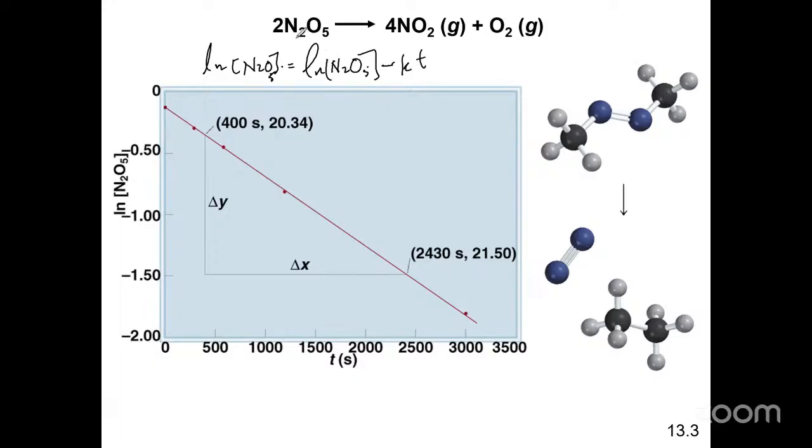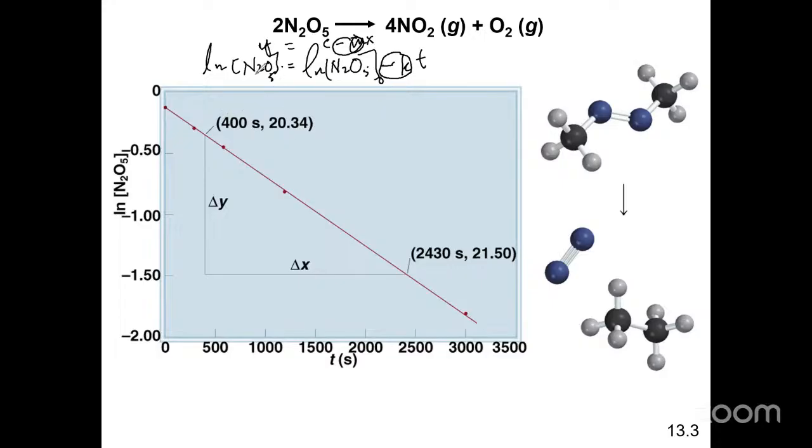So the equation of a straight line, which you guys should be familiar with from your previous math courses, you should recognize that this is in the form of y equals c minus mx, right? So minus m would be the slope, which would be corresponding to minus k. And oh, I forgot to put the subscript 0 here. Remember, the 0 in ln[N2O5]0 represents the initial concentration of N2O5.